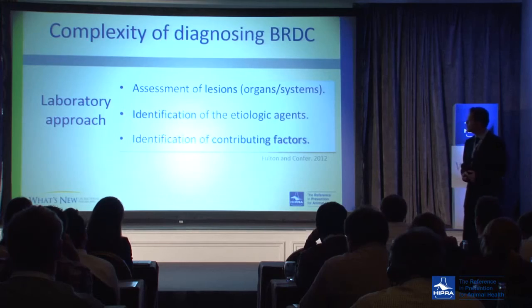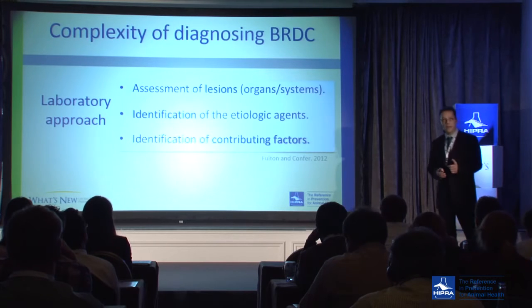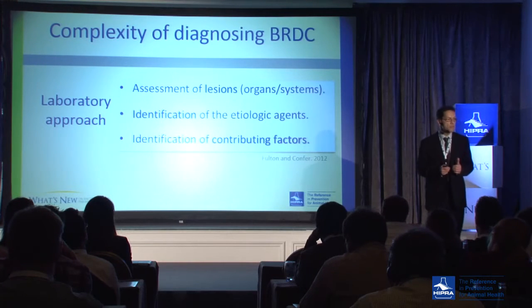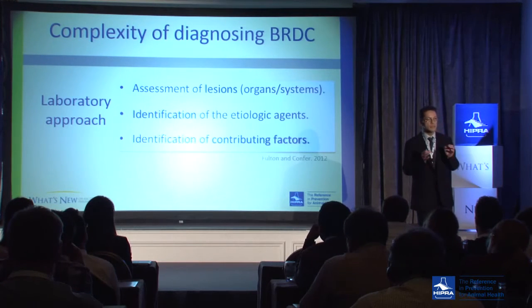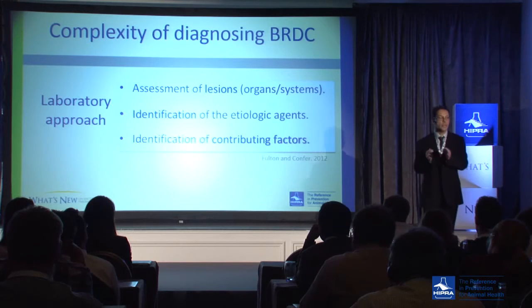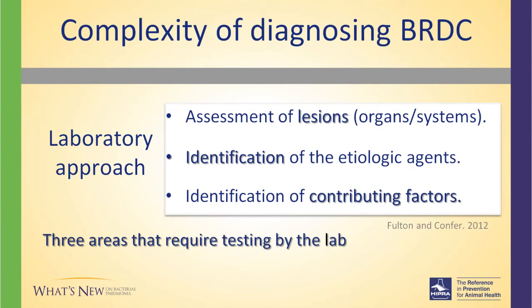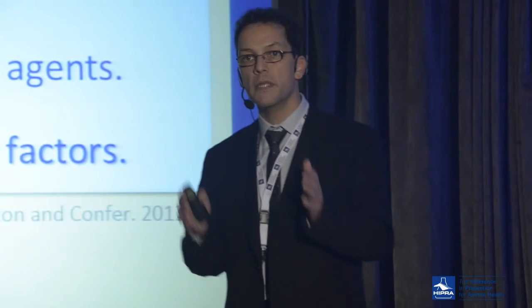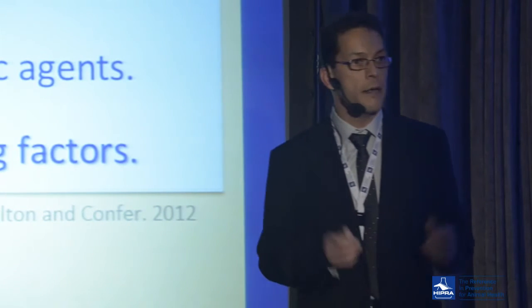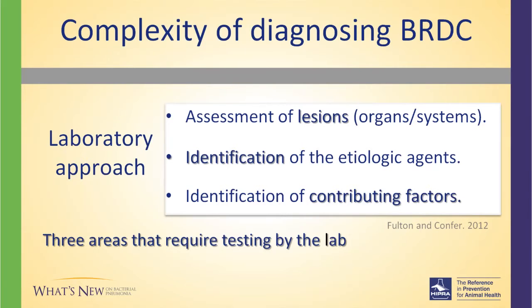So what about the laboratory? The main task of people like myself working in the lab is testing. So we have to test clinical samples. And here we have the three areas where testing is necessary. First of all, the assessment of lesions that indicate BRD in an animal. I mean, the necropsy, the investigation of the systems and organs that are involved in BRD.